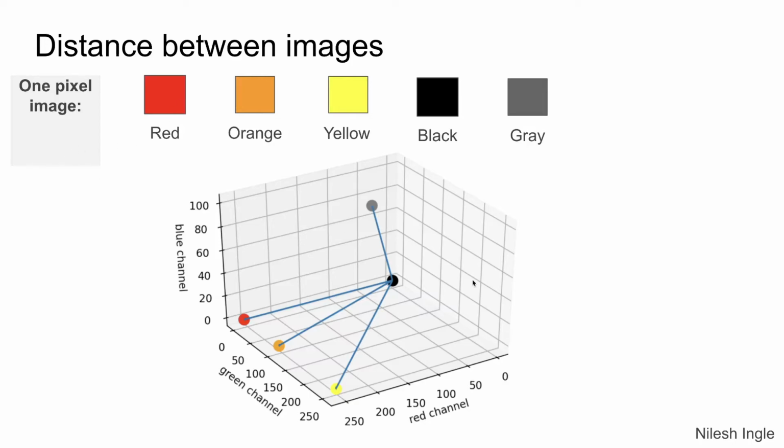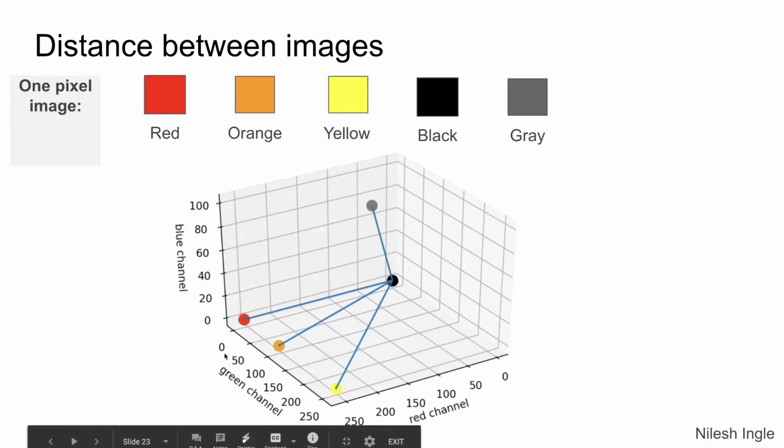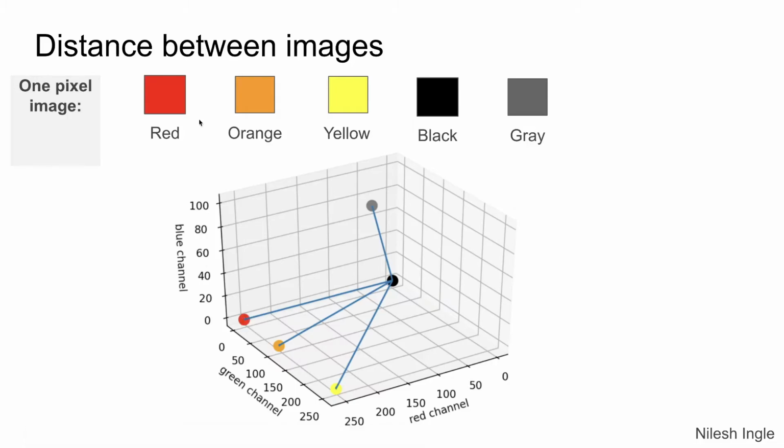So here I have a red channel, green channel, and blue channel on the axes, and we have the red vector right here. So that's the very first image right here. And we have the orange, yellow, and black right at the origin, because the values in the three channels are 0, 0, 0. Now gray is right here.